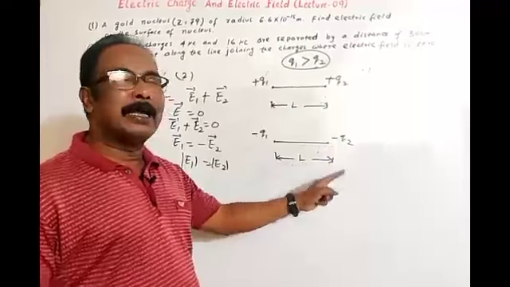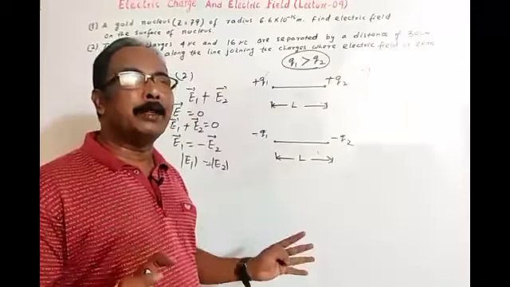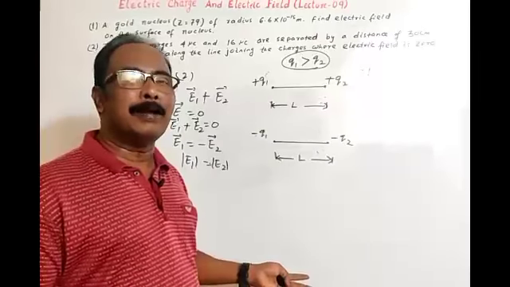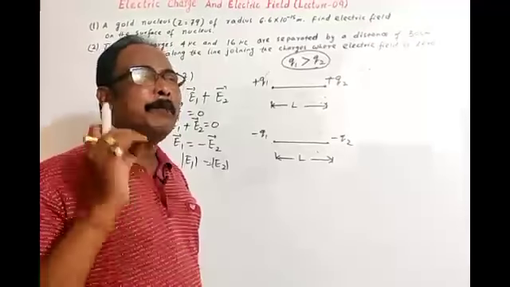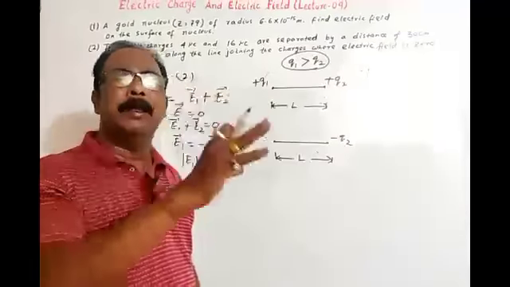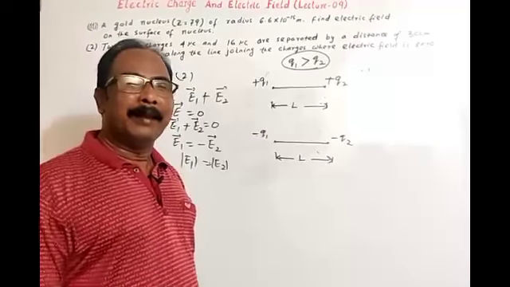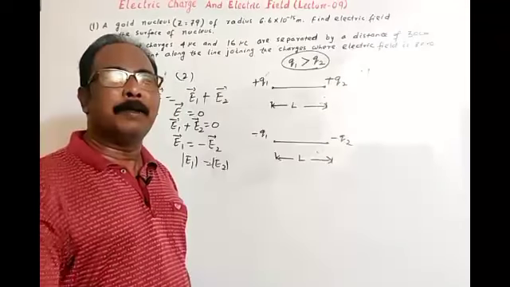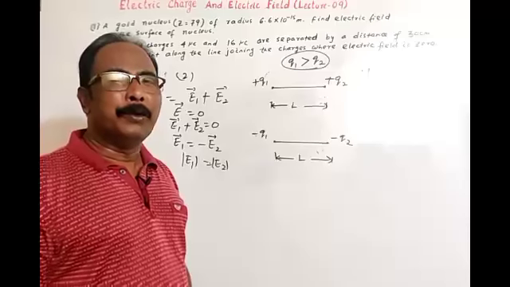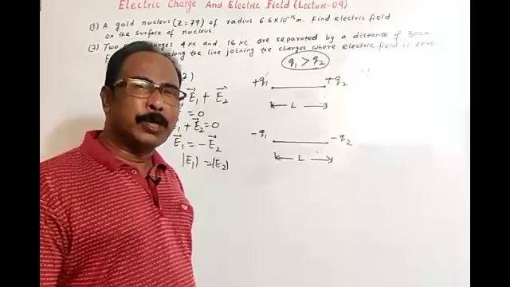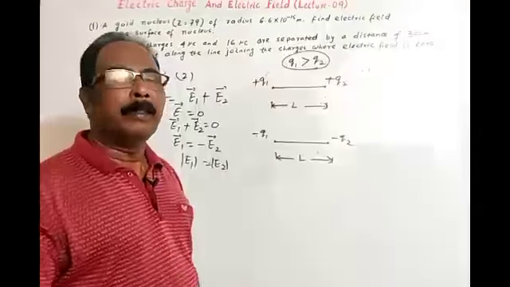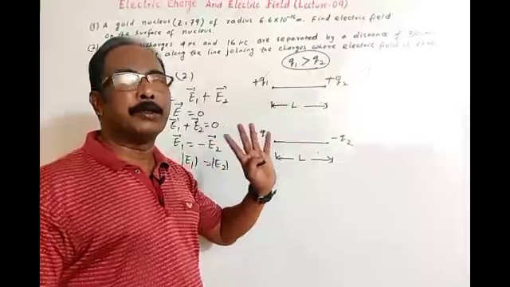If both charges are of similar nature, the point where the resultant field intensity is 0 along the line joining the two charges must be in between the two charges.